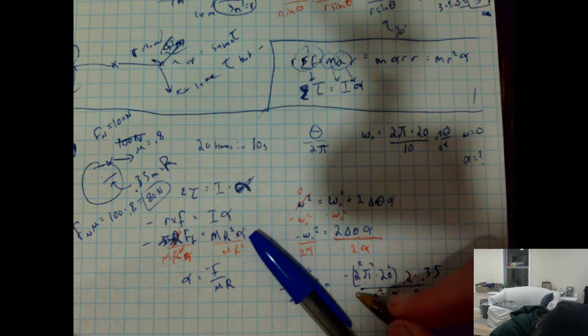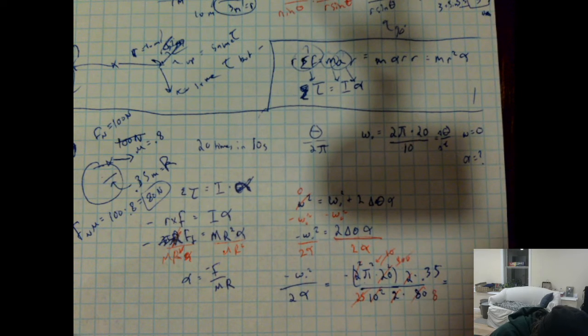So let's simplify a little. This 2 drops with this 2. The 10 squared over the 2 squared can become a 5 squared for 25. The pi squared is actually surprisingly close to just being 10. So that's going to drop for an 8.